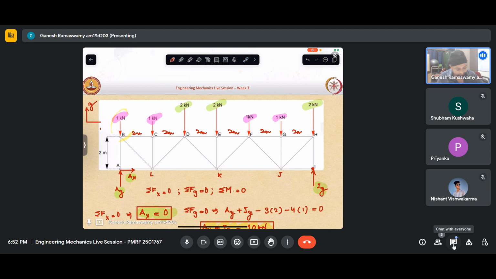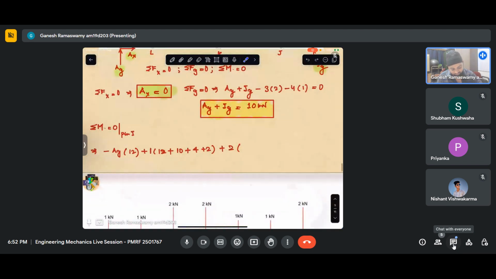Using the principle of transmissibility, we know I can shift that force here and it will cause the same external effect, which means it will not have any contribution. So for that force, one is 8 and the other is 6. So let us put that 8 plus 6 equaling 0. So we have accounted for everything now.